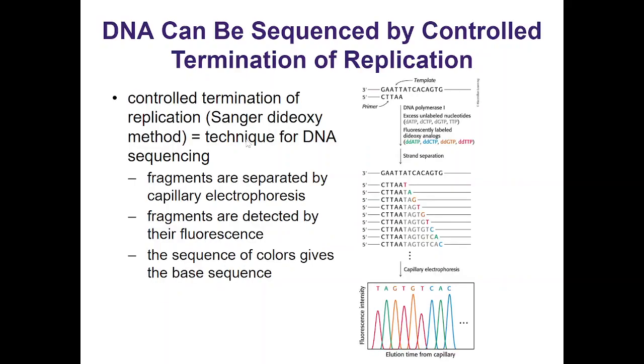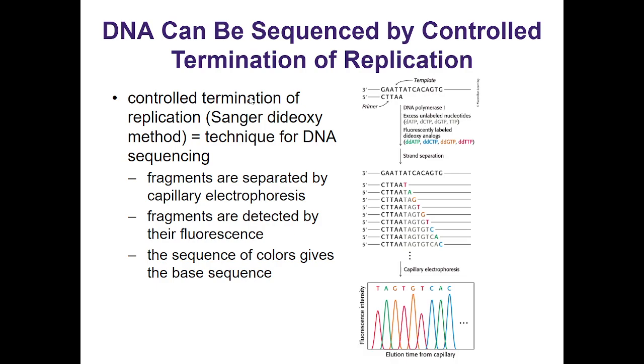Okay, fantastic. So DNA can be sequenced by controlled termination of replication. Another name for this is the Sanger dideoxy method, which is in some ways the more revealing name, but I've normally heard it called controlled termination of replication.